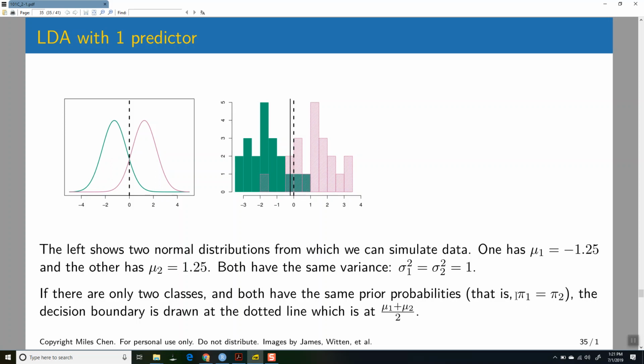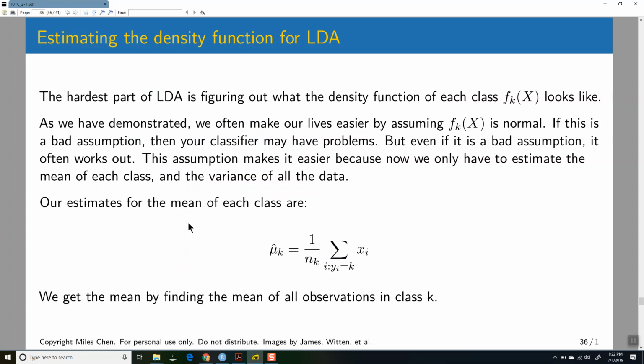If the pi's are not equal, like if one has a lower probability and the other has a higher probability, then that would make one of these density functions taller and the other shorter, and that would shift where this threshold line is drawn. So anyway, this is kind of what that looks like.